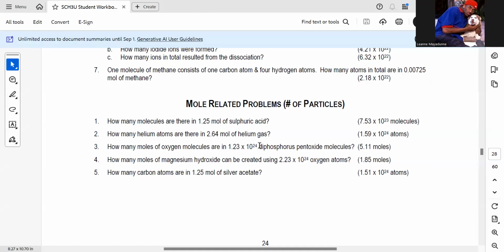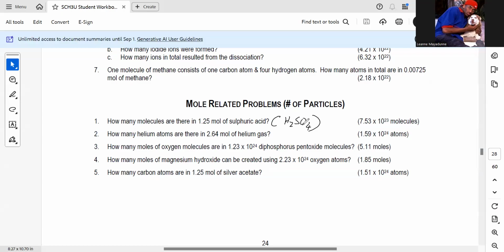I thought you just multiply it by the... What is the formula of sulfuric acid? It's H2SO4. So if the question is how many atoms in 1.25 moles of sulfuric acid, what would be the answer?